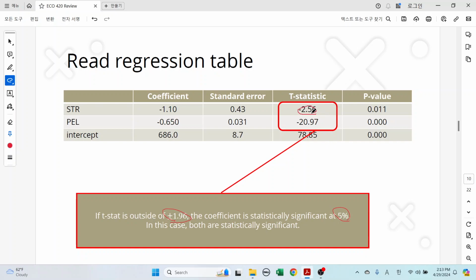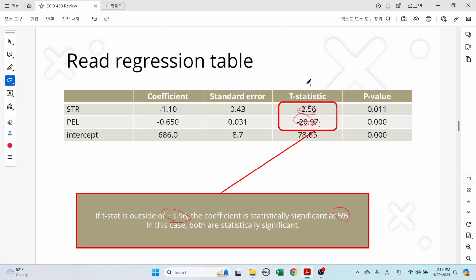Yes, 2.5 is greater than 1.96, so it is outside. And this other one is really strongly significant; its t-statistic is 10 times larger than the one for the student to teacher ratio. Super strong, very significant.